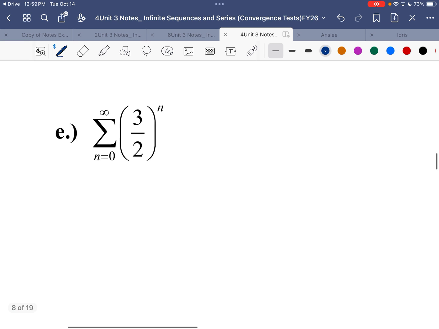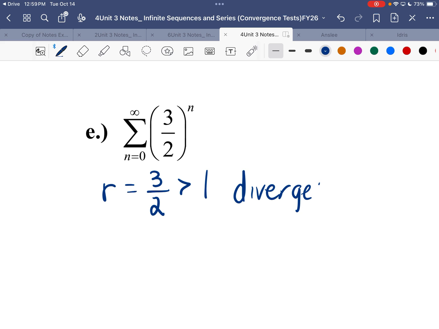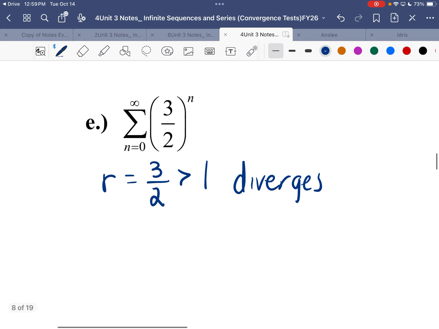What does R equal for E? It's 3 halves. So it's greater than 1, which means it diverges. I just want to call something to your attention.